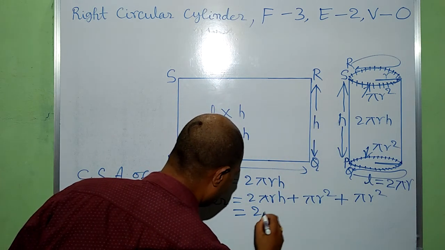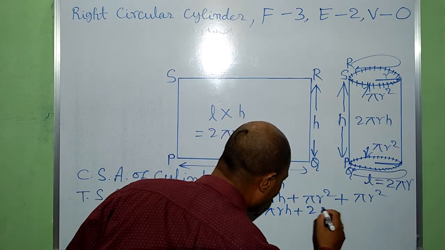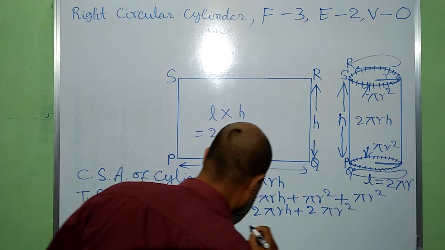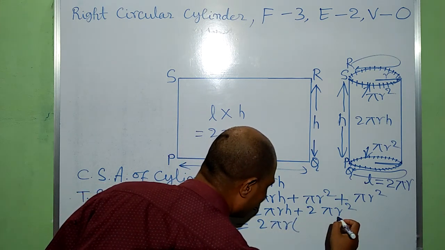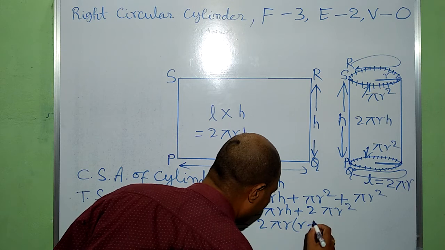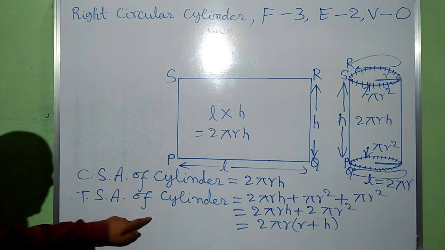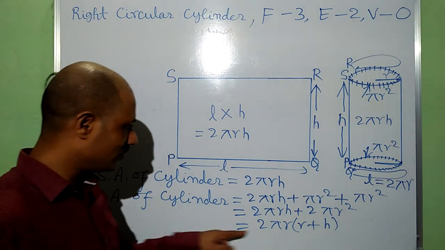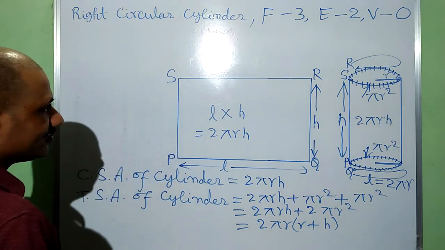It will be 2 pi r h plus 2 pi r square. It is equal to 2 pi r into r plus h. In this way, total surface area of cylinder is equal to 2 pi r into r plus h.